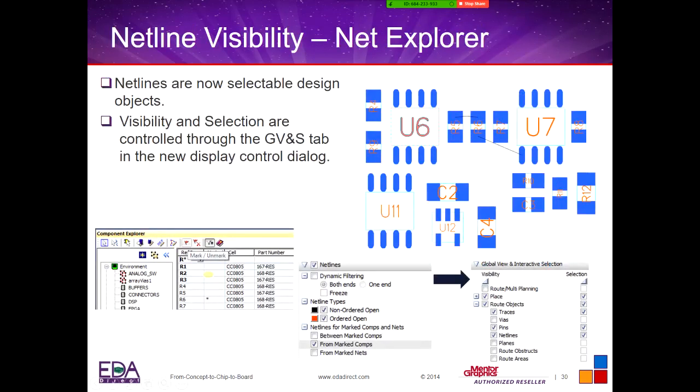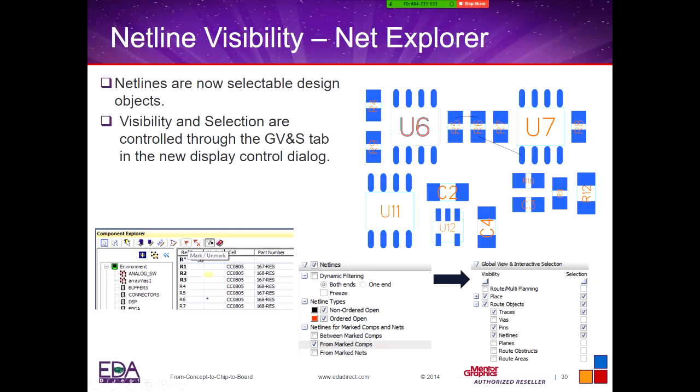But what's also nice is you're going to be able to have this with the Component Explorer. You're going to be able to see in your display areas very easily which components are going to talk to which components, and then there's a net visualization that you're going to really like. Before, when you zoomed into an area, you could see the ratsnest cover the whole area. It's very difficult to see where the connections are.